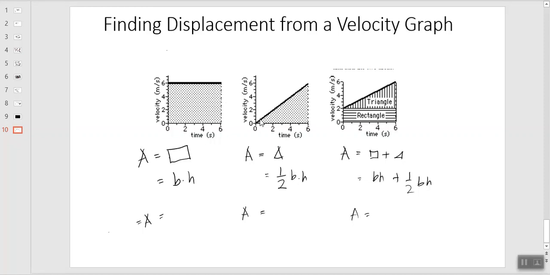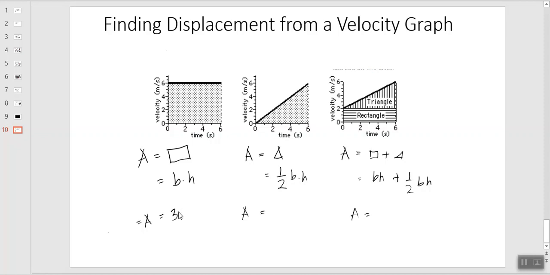This one, the velocity is changing, but at a constant rate. This one, the velocity has started at 2 meters per second, and it's also increasing, but it is increasing at equal intervals. So its rate of change of velocity is constant. So you should be able to get the answer here. So what's your answer here?